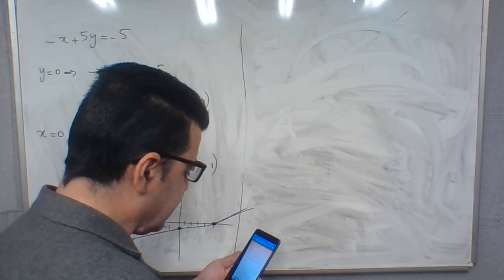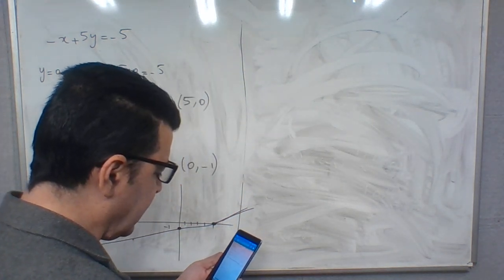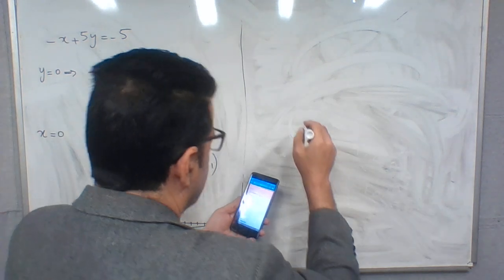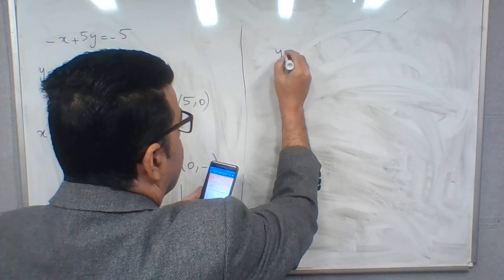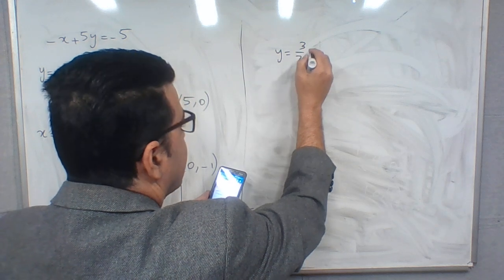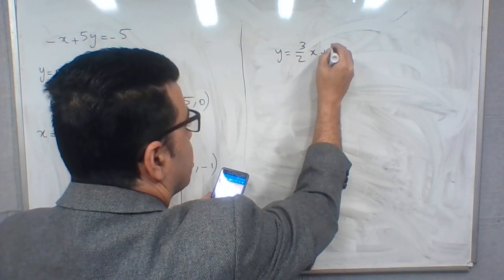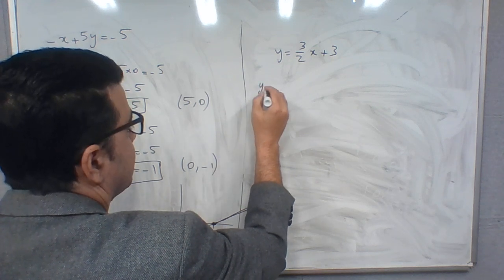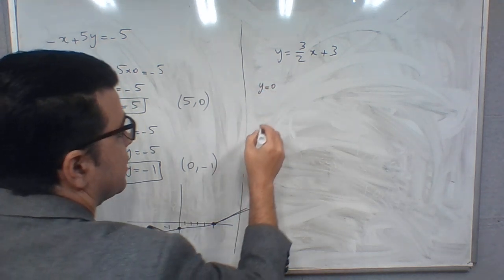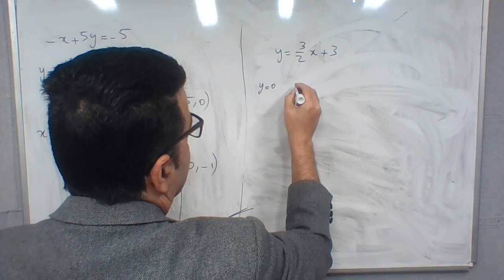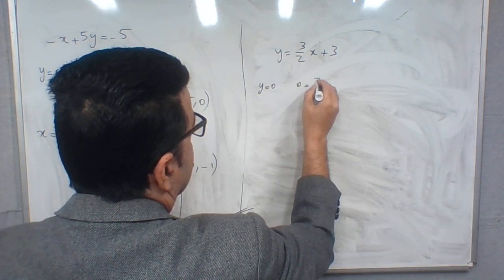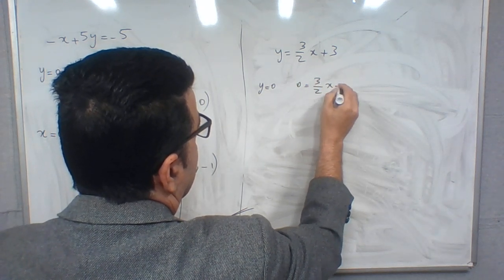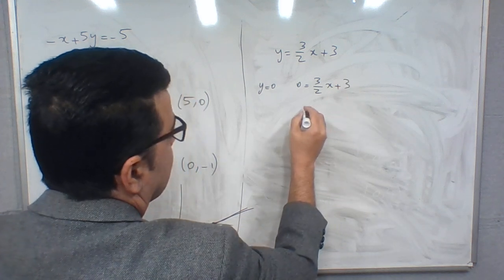Find the intercepts of y equals 3/2 x plus 3. So we put y equals 0 for the x-intercept. So 0 equals 3/2 x plus 3.